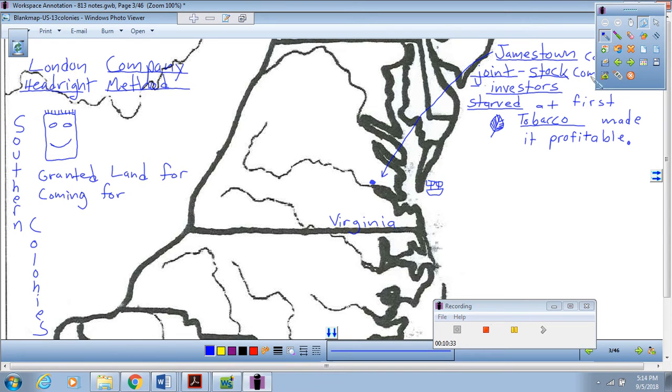So the Headright method would cause the expansion of tobacco growing in Virginia.